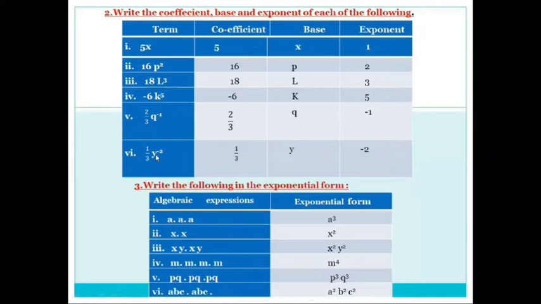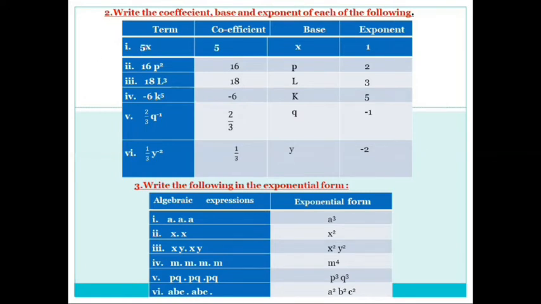separate the values, the number followed by any variable, and which comes in front, like 5. This is the very front value. 5x power 1, 16p power 2, 18l power 3, minus 6k power 5, and 2 over 3 q power minus 1, 1 over 3 y power minus 2.